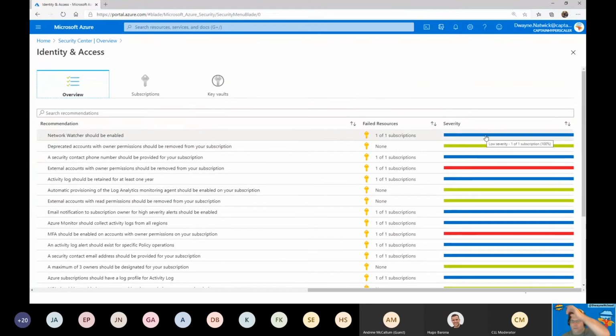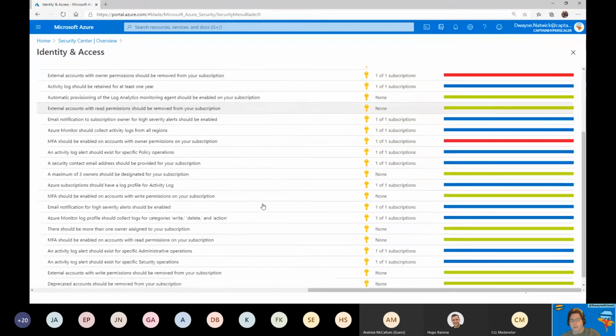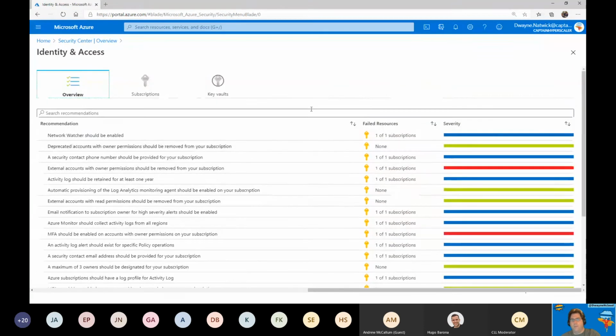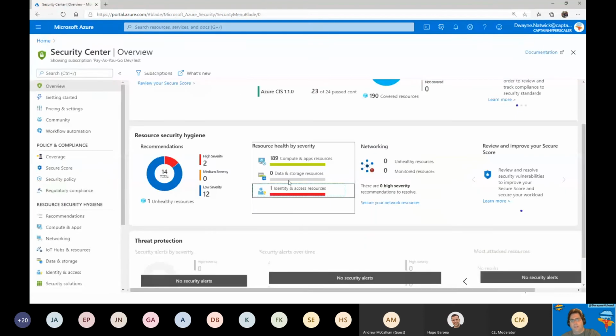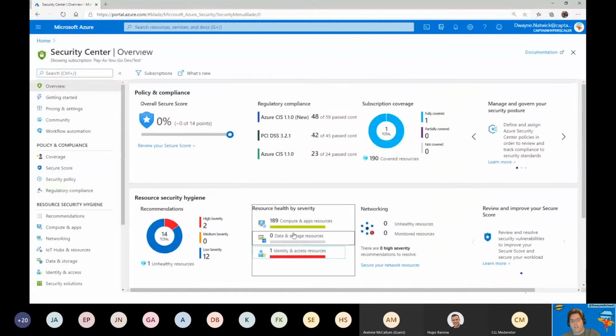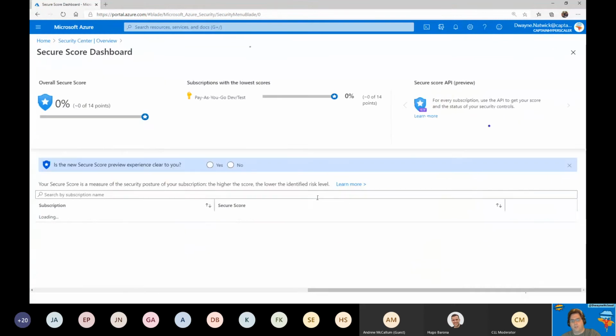I don't have Network Watcher enabled in my environment, so it's flagging that as a low severity, but probably a good thing to do. You can go through and see where you might have potential issues, and as you remediate many of these issues and get these low and high severities back to a good level, your secure score is going to go up.